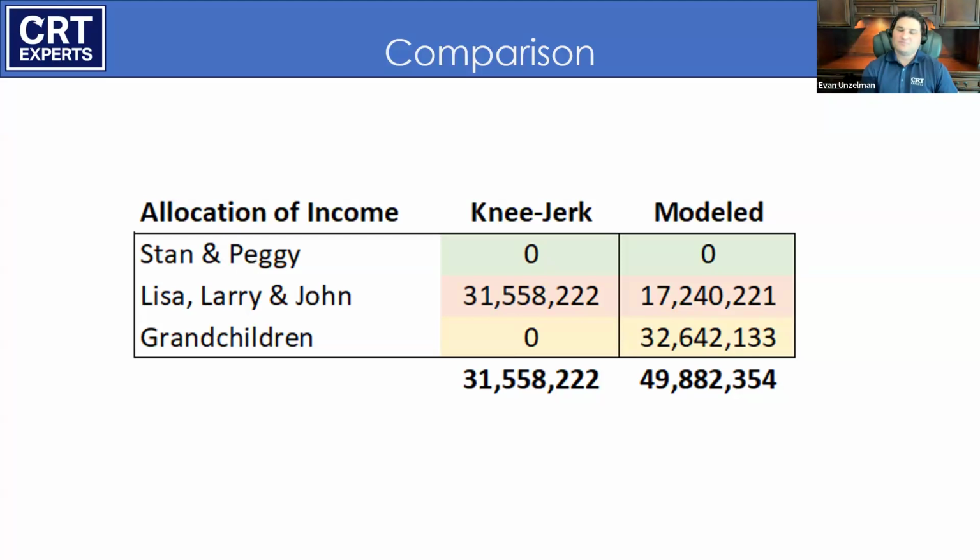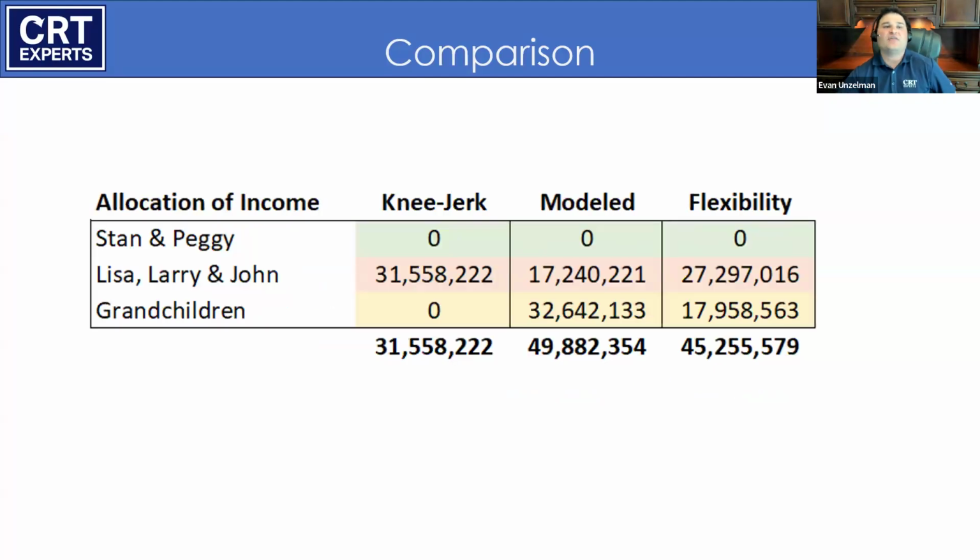And that's just getting to the beauty of the flexibility here. Let's say that John and his wife decided to take the income. That would lower the income that goes to the grandchildren, of course, because their children would receive less, but it makes it more apples to apples. So if we look at that flexibility, we can get back to just about the same amount of income to the children, but then we've got $18 million of income to the grandchildren versus zero.